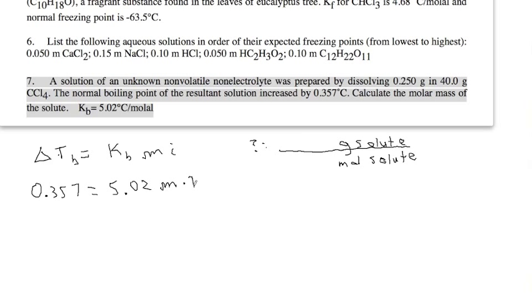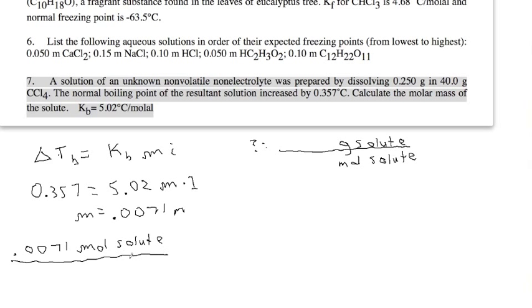And since this is 0.071 moles of solute over 1 kilogram of carbon tetrachloride, then we can multiply this by 0.040 kilograms of carbon tetrachloride.